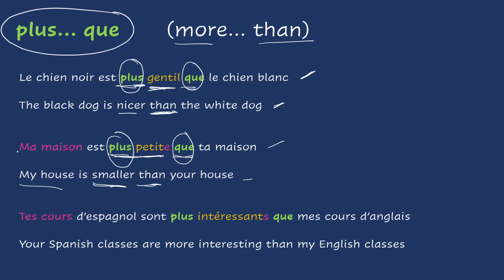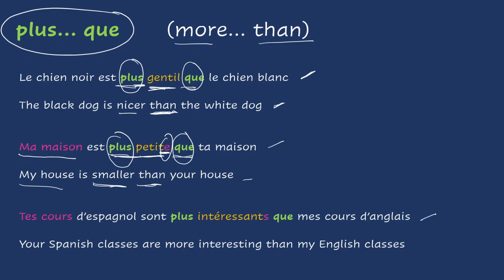However, here notice that ma maison is feminine. Therefore, you will need to agree petit with the noun. So you will say petite. You need to add that feminine form here. Petite. Ma maison est plus petite que ta maison.